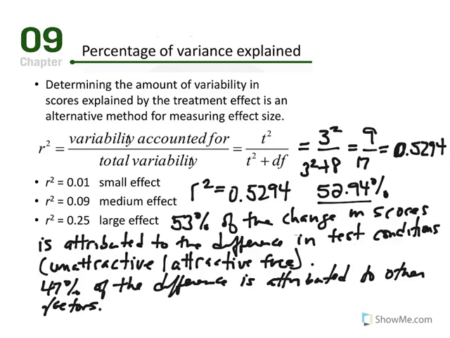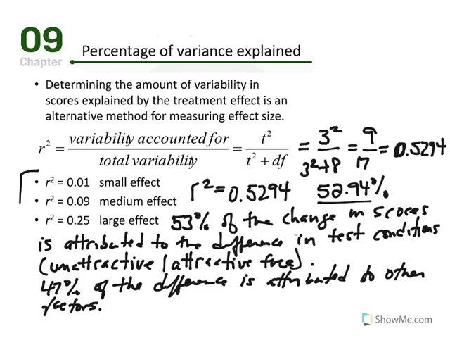So there may be other things at play here. So we recognize that obviously it's not 100% of the change in scores that is a result of the different quasi-independent variables. There's something else going on that we're not necessarily testing.